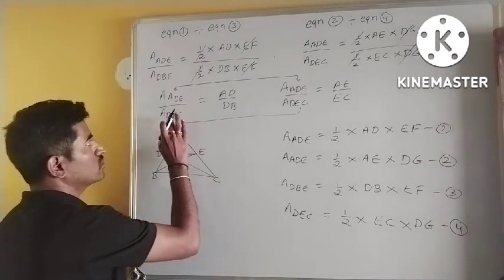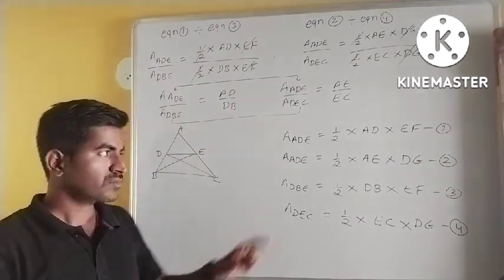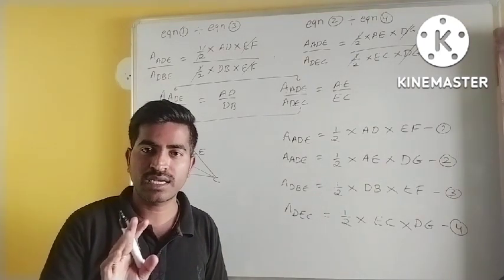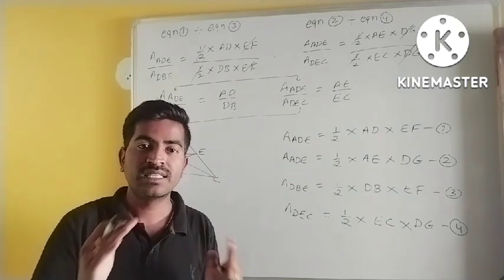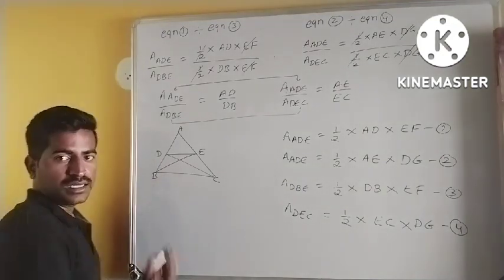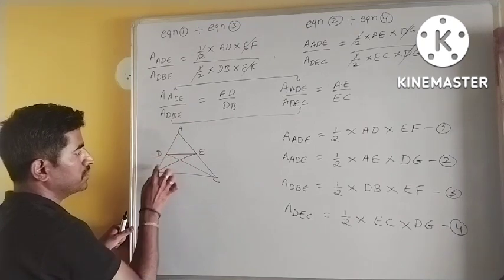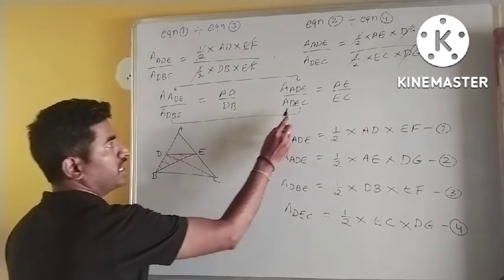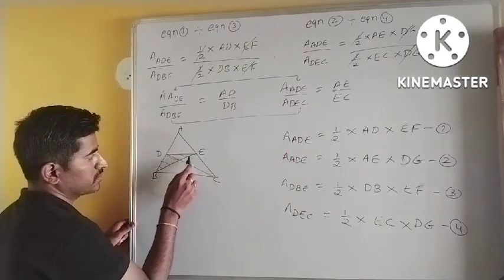Now how are these two triangles' areas equal? Just before this theorem, I explained that whenever two triangles lie on the same base and between the two parallel lines, their areas are equal. That theorem will be applied here. The area of triangle DBE is this whole area, and the area of triangle DEC is this area.